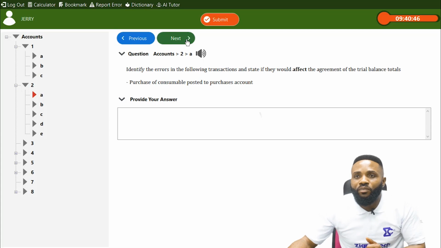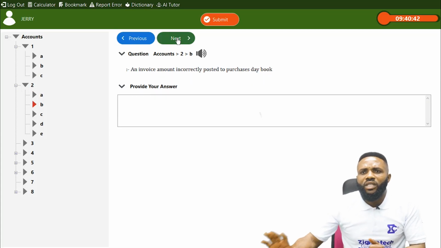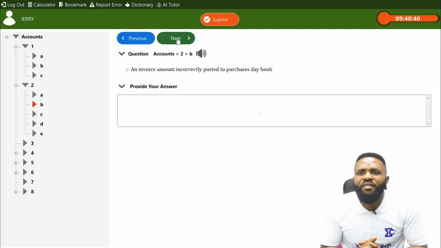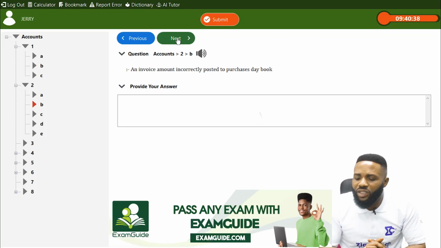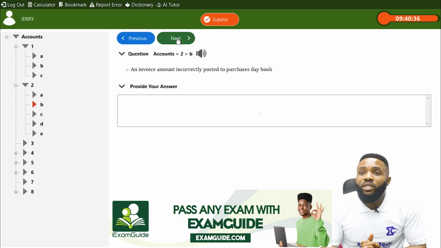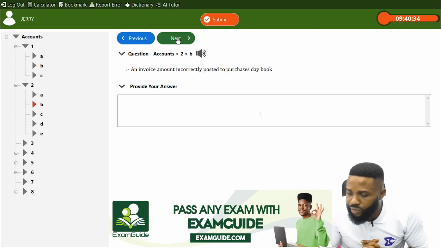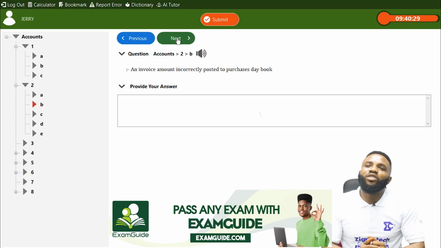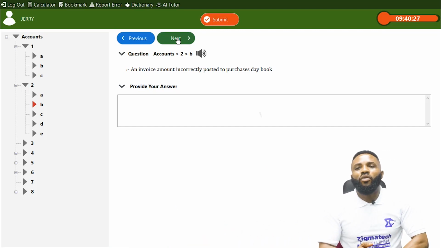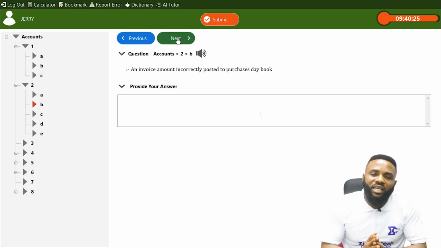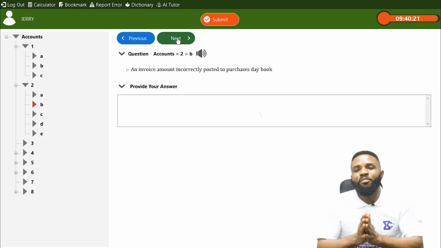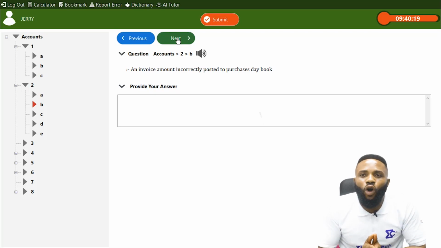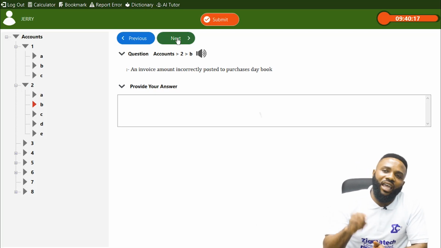Now, number two, an invoice amount incorrectly posted to the purchases day book. Whenever transactions are posted incorrectly to the day book, such an error is called error of original entry.